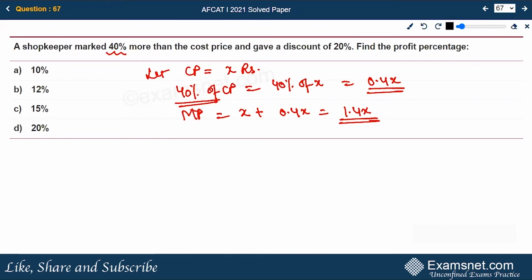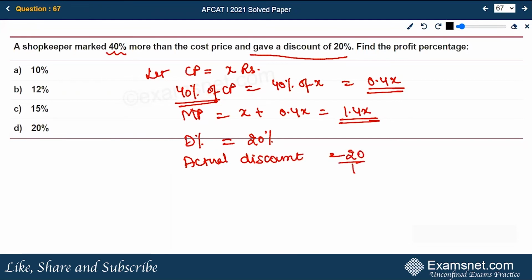This is the marked price. Now it is saying he gave a discount of 20% on that. So the discount percent given on the marked price is 20%. So what will be the discount actually? Actual discount is equal to 20% of marked price, right?